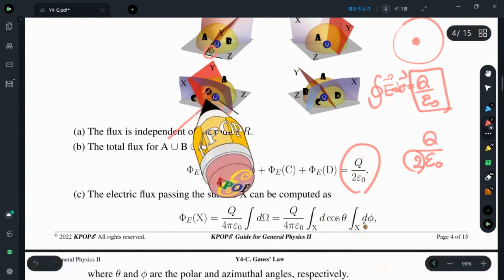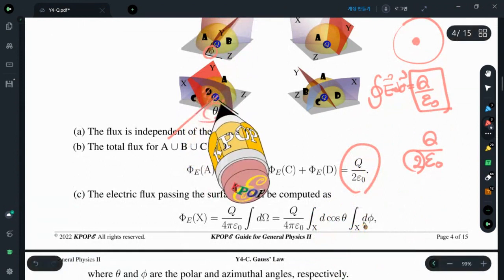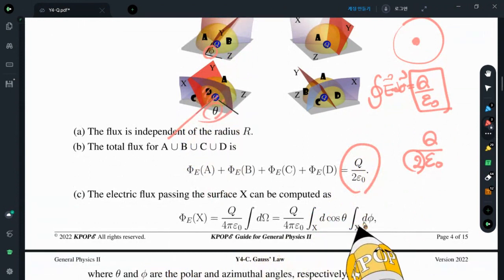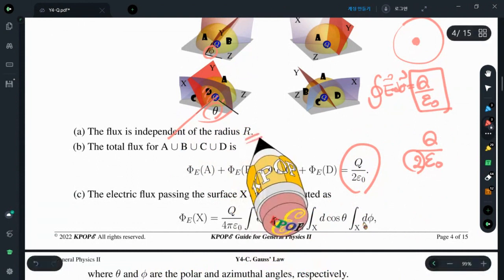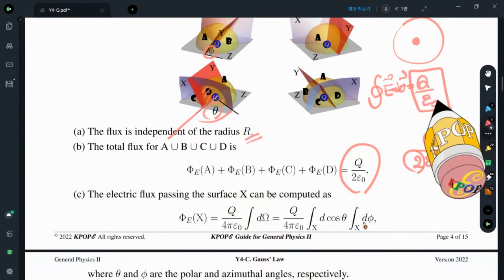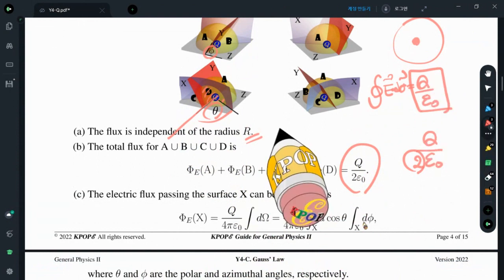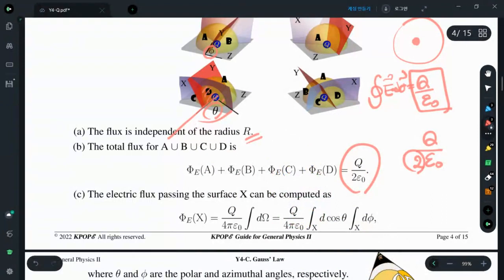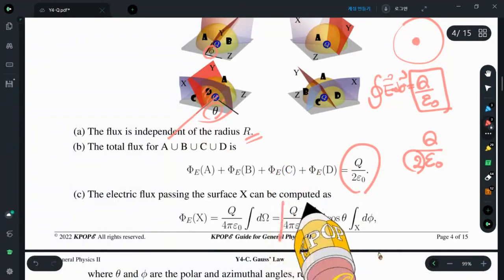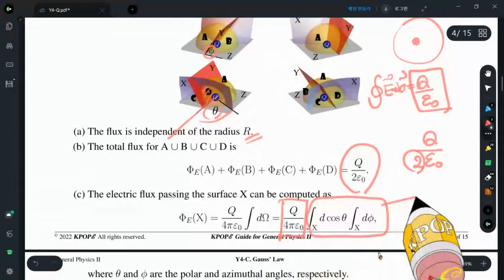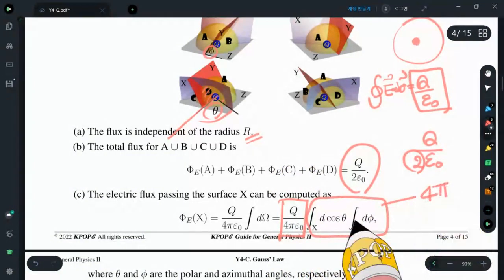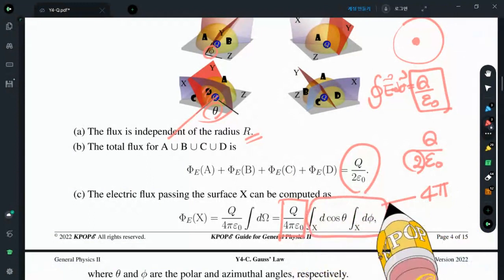And once you are given a surface, in this problem, the radius doesn't matter. In here, you find the radius cancels. Only the solid angle is concerned. Just to bring out the overall coefficients, this one is a 4 pi when it is integrated over the whole solid angle.